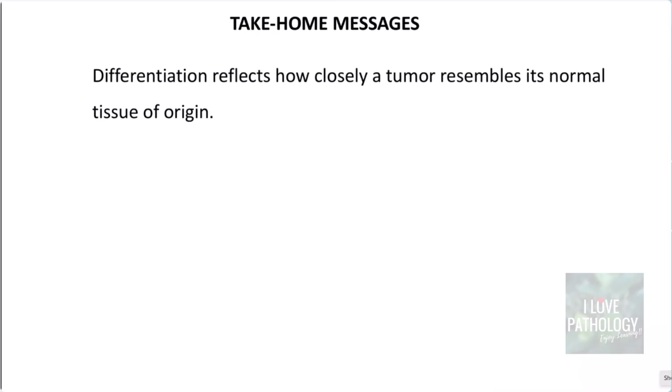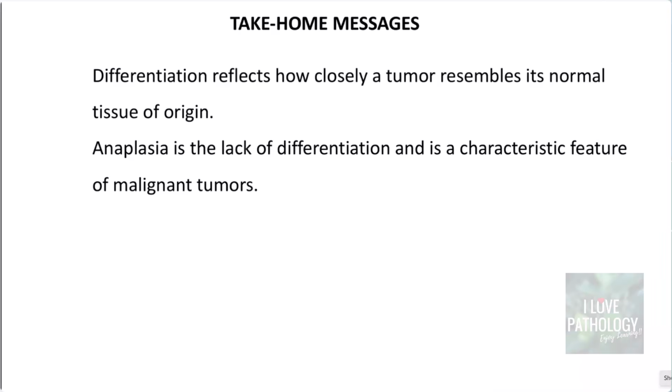So, what did we learn in the last 10 minutes or so? We saw differentiation reflects how closely a tumor resembles its normal tissue of origin, right? If it is a lipoma, it has to resemble an adipocyte. That's a well differentiated tumor. Anaplasia means lack of differentiation, and anaplasia is a characteristic feature of malignant tumors. Of course, malignant tumors can also be well differentiated, right?